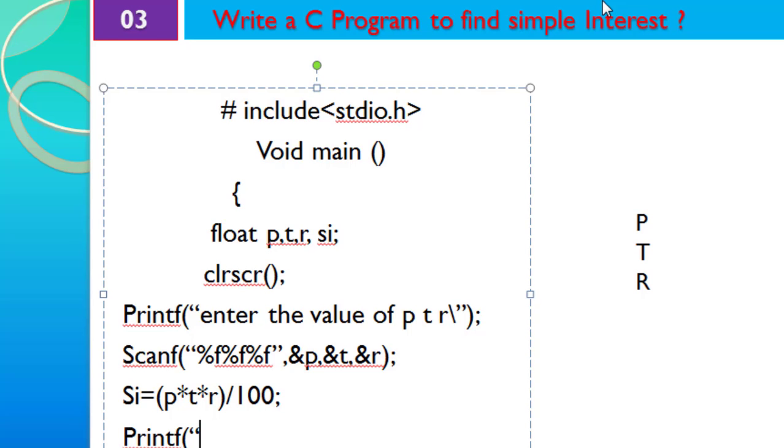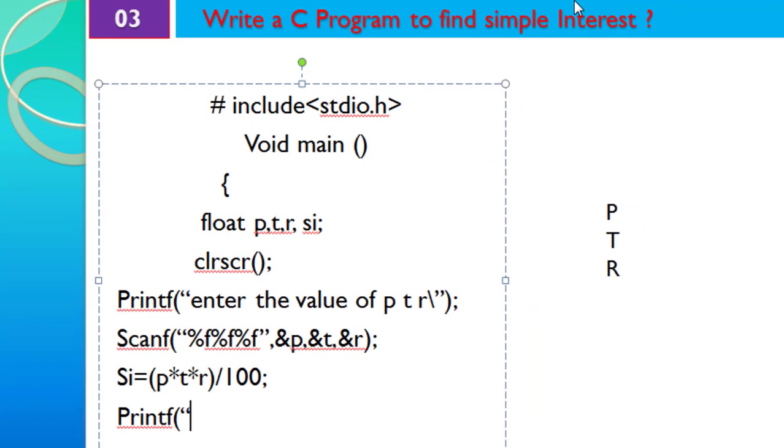Remember, after calculating, the value is stored in simple interest. So here in double quotations, si equal to %f, because we have to define what type of data type it is. Simple interest equal to %f, double quotations, comma and si, bracket complete, put semicolon, then enter.